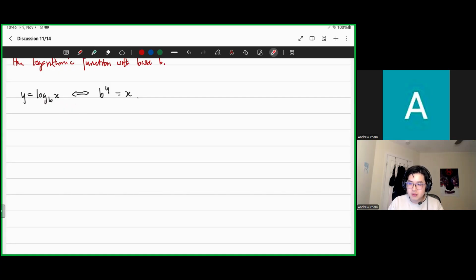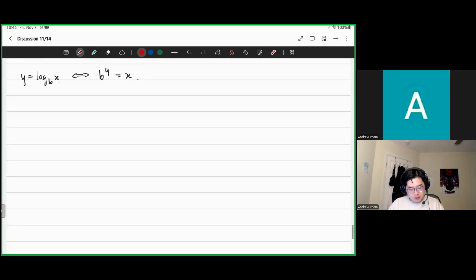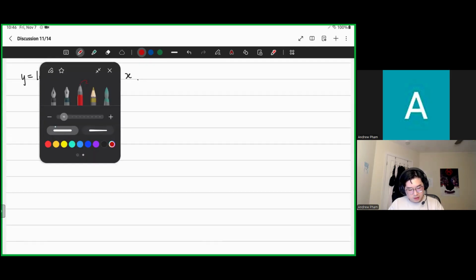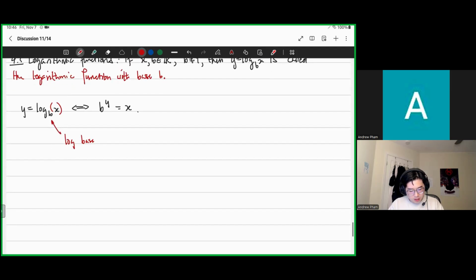That's the way you want to think about these intuitively. Some terminology: this b is called the log base, and whatever is on the inside, the parentheses, we call the argument. I'm going to use that a lot.